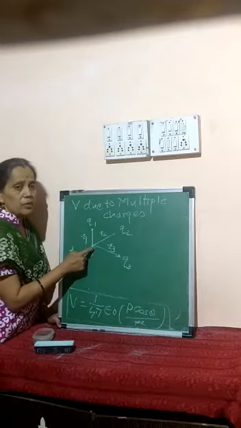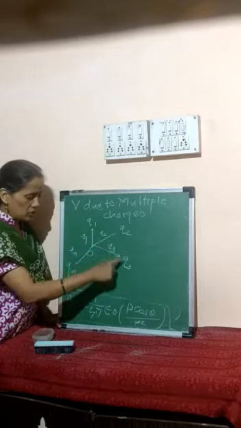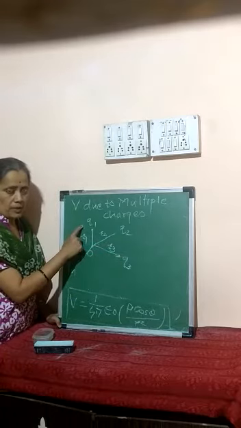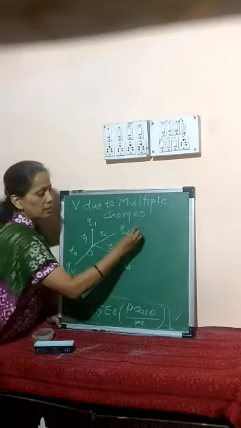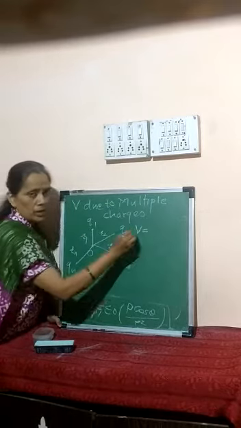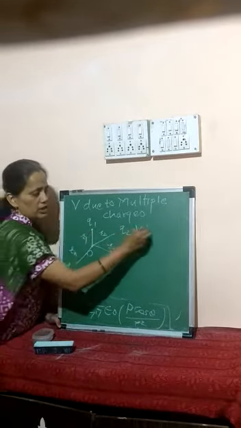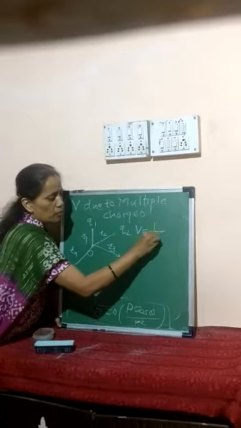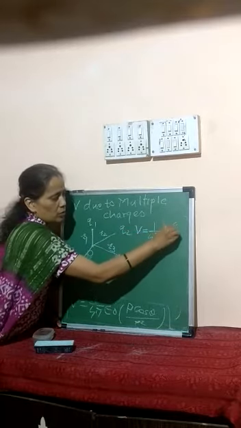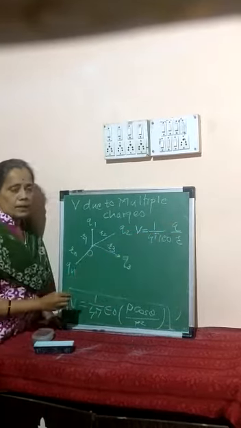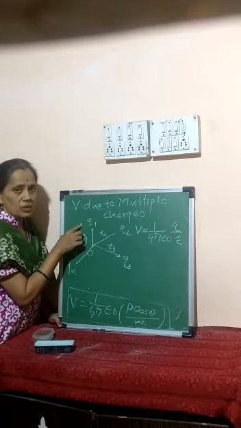So what will be the net potential at point P due to these multiple charges? For that, we can consider the basic equation. Your electric potential due to a point charge can be written as 1 upon 4 pi epsilon naught Q by R. Now here the first charge I can consider Q1.